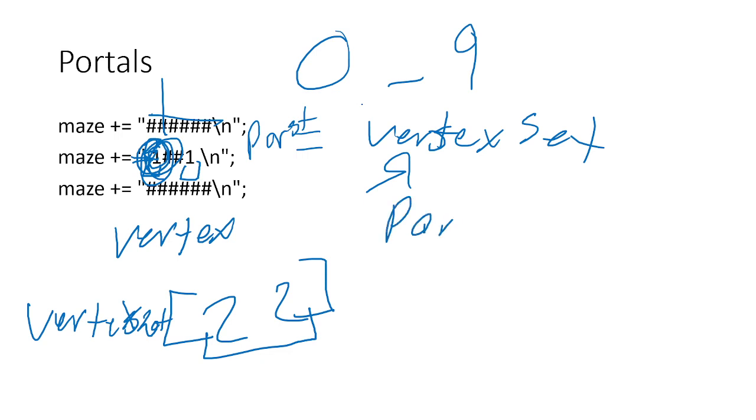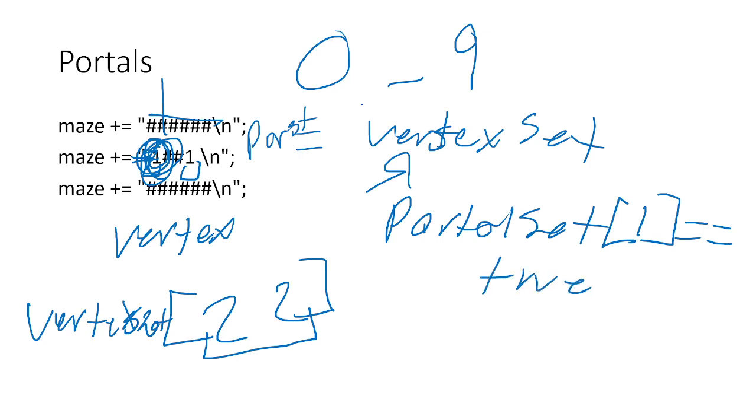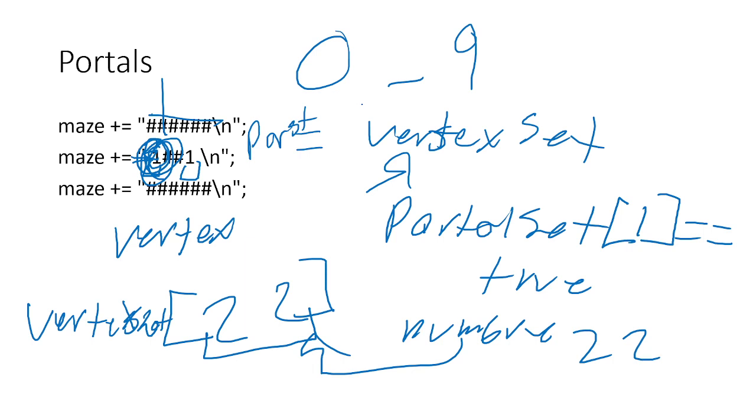So I have a portal set, and I give it 1 for an example, and I set it equal to true, or set it equal to a number. It could be this actually, it could be 22. And now I iterate again until I find this one. Well, I found this one, and it has the same character as this one. It's set to true. It has a number.